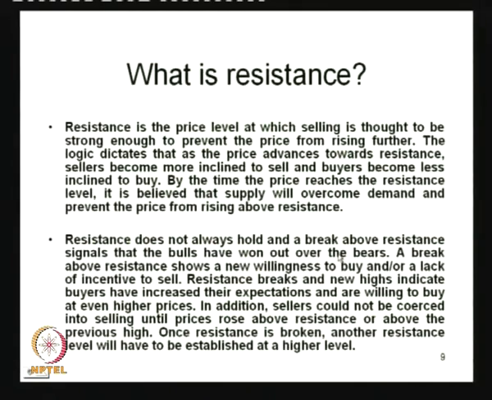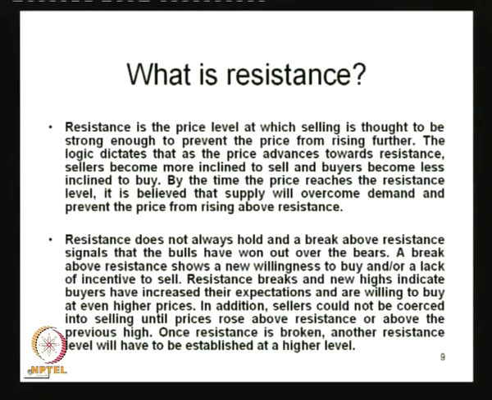So, here we have used these two concepts, the resistance line and the support line. What basically is the resistance line? Basically, the resistance is the price level at which selling is thought to be strong enough to prevent the price from rising further.